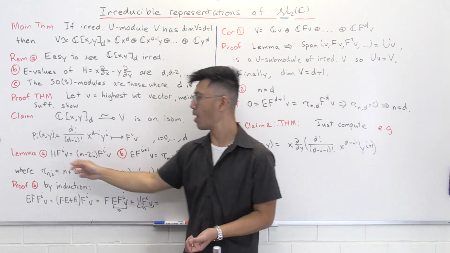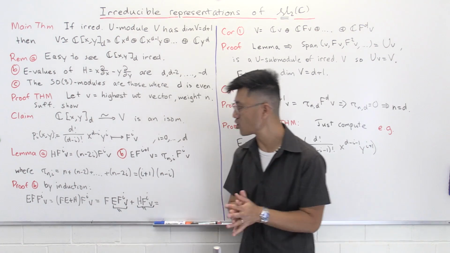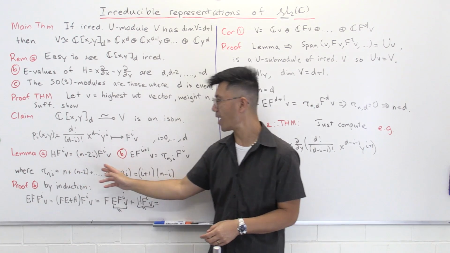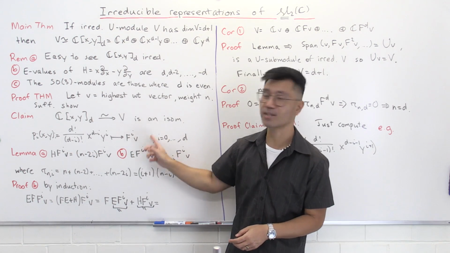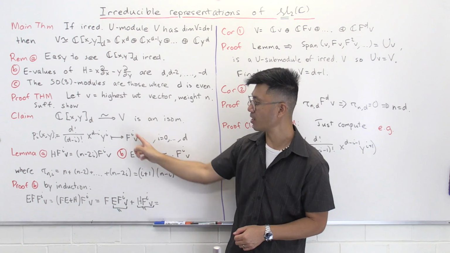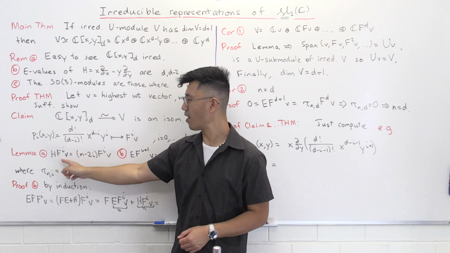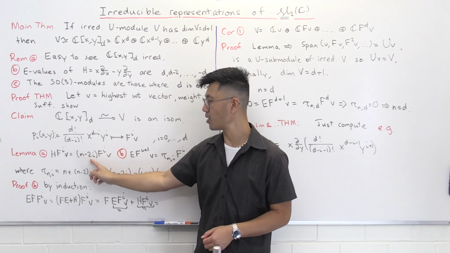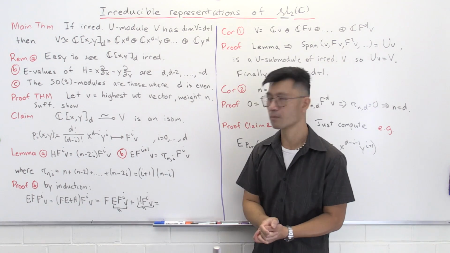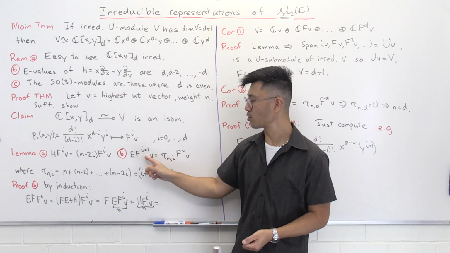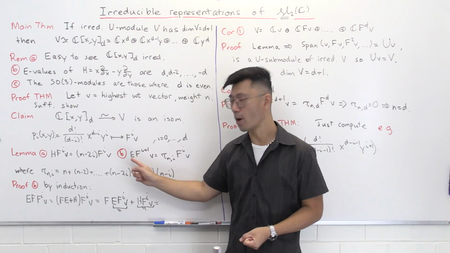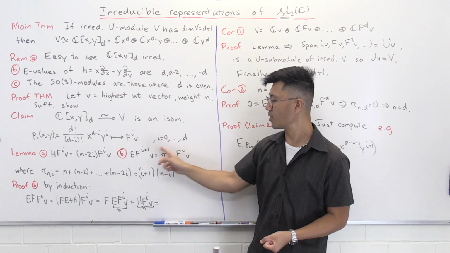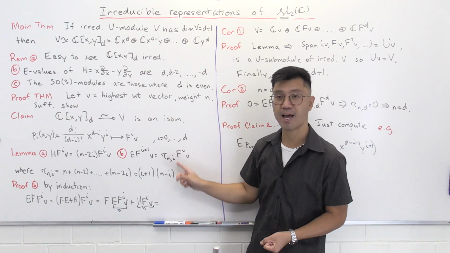And to do that, I need the following little lemma, which is essentially a calculation. What I'm going to do is look at how h and e act on these vectors, f to the i v. Firstly, h of f to the i v is just a scalar multiple of f to the i v. It's n minus 2i times f to the i v. What about if I let e act on f to the i plus 1 v? Well, what it does is it maps you back from f to the i plus 1 v to f to the i v up to a scalar.